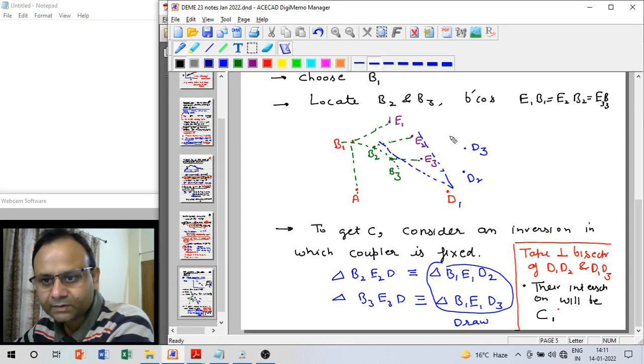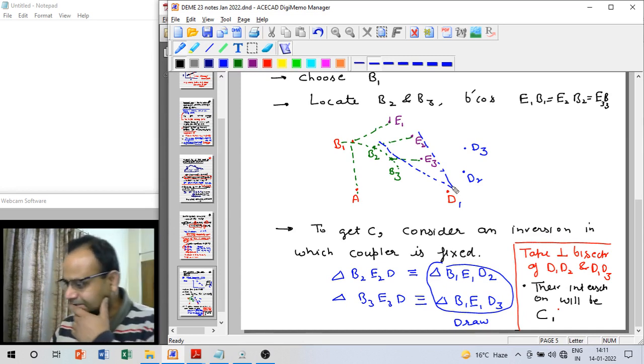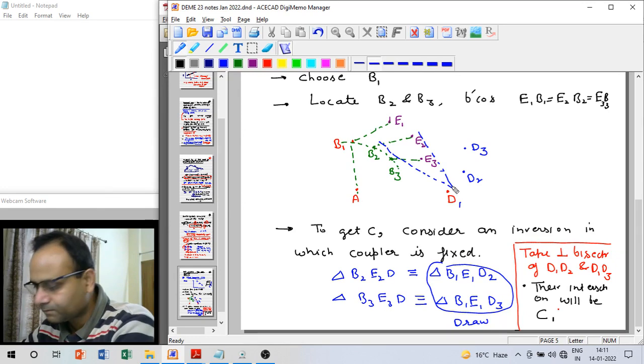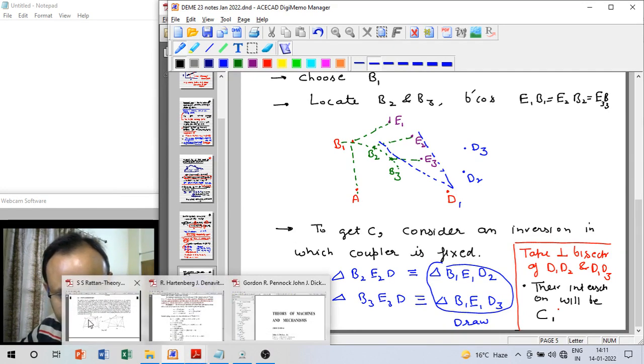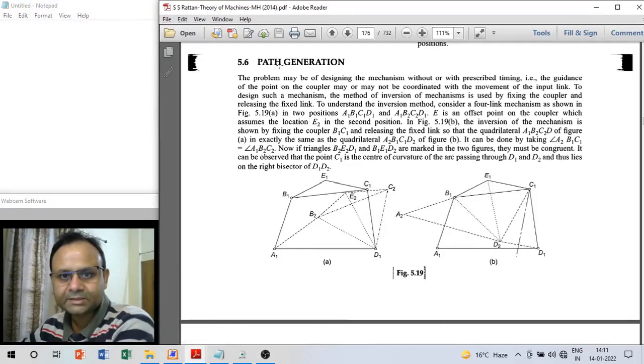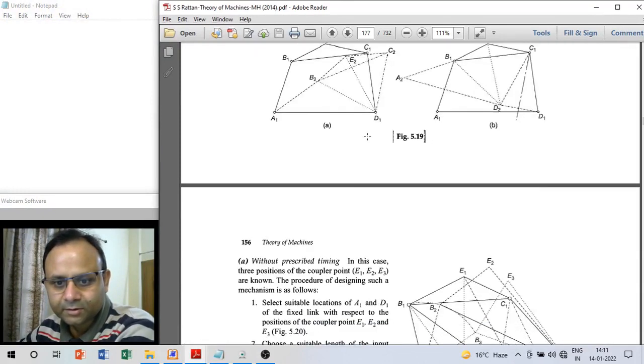So what we will get is C1, and that's all. We got A, B, C and D. So this was path generation with graphical approach, and it is explained in Ratan, this section 5.6. It's a very short section, so you can go through this.